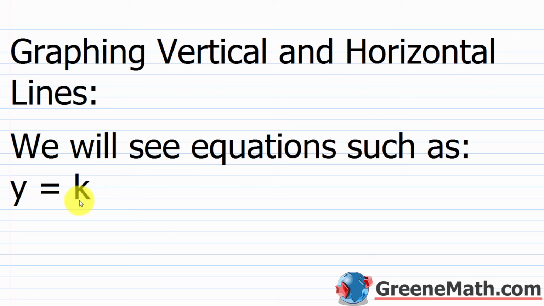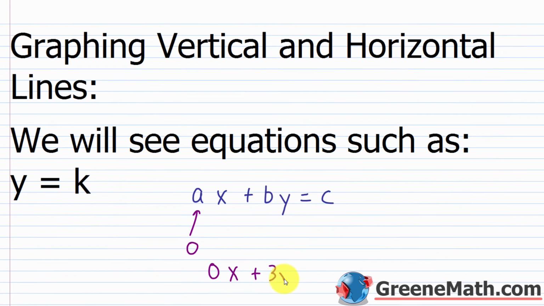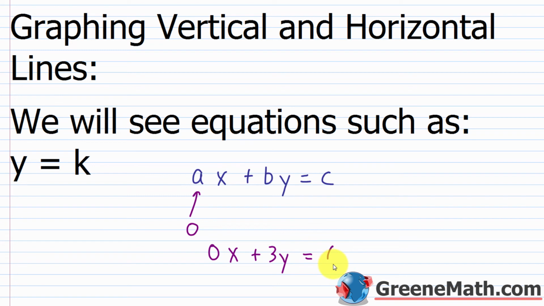Remember, I told you the definition of a linear equation in 2 variables was ax plus by equals c, where a, b, and c were real numbers, so 0 is a real number, and I said that a and b cannot both be 0, but one of them could be 0. So what I have here is basically the case where this is 0, so 0 times x plus something times y, let's say it's 3y, equals, let's say 6.